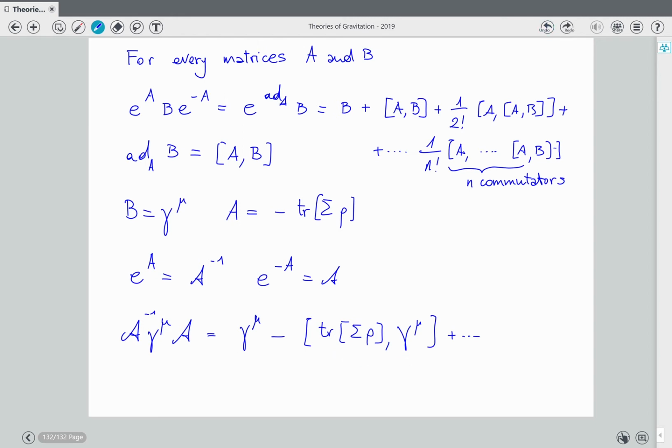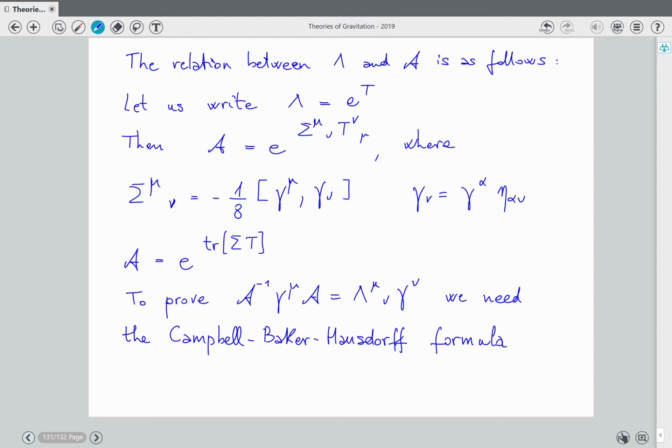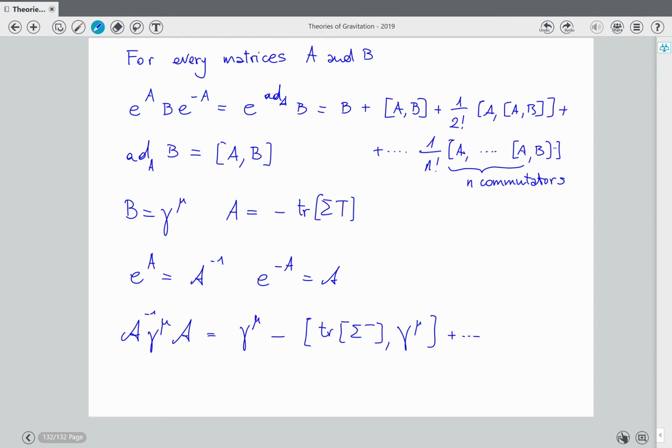Sigma rho, sigma t, I call that t. Old notation here was rho, but I do not want to use it. It's confusing. It's better to use a capital letter here. So again, t has no indices besides the space-time ones.